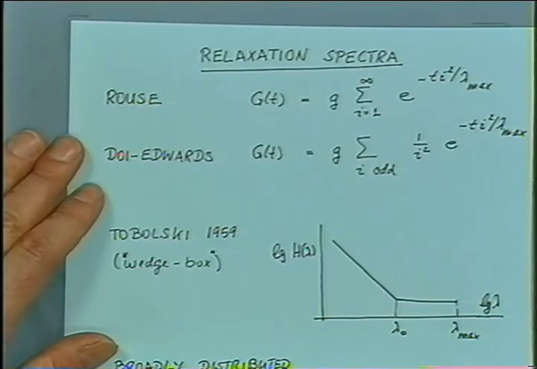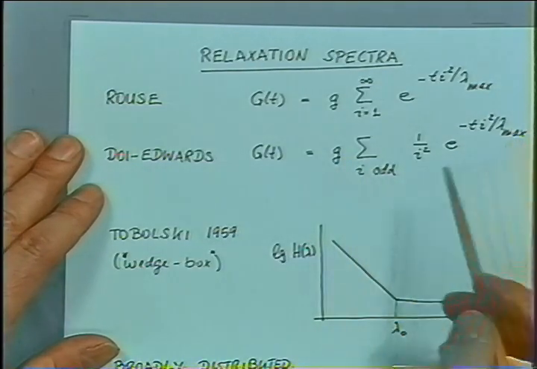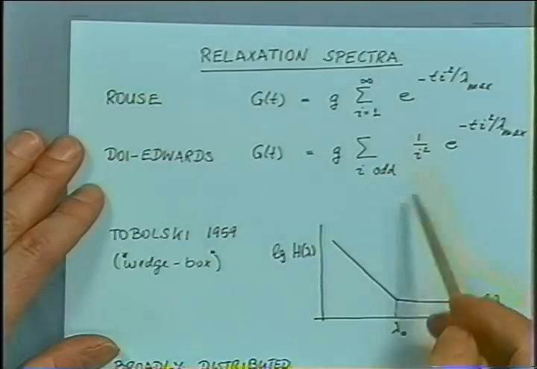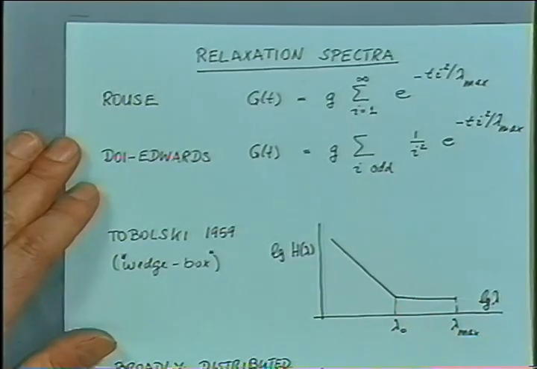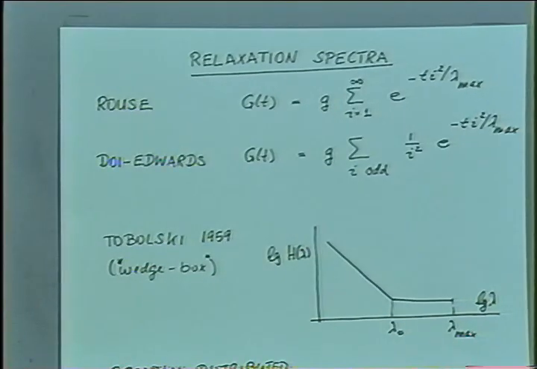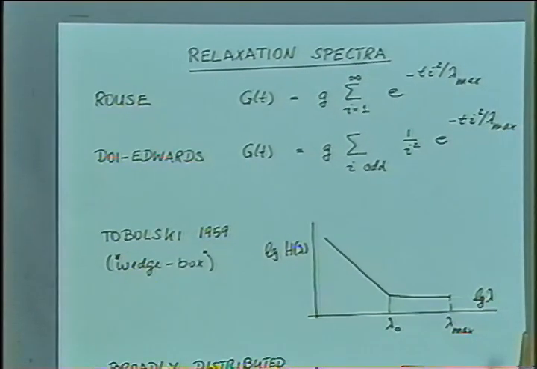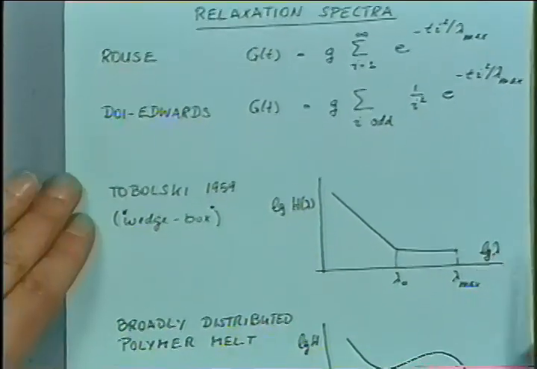Now, the Doi-Edwards theory, again, for molecular parameters has a front factor and the longest time, and the weight here, the front factor, is scaled with this parameter i, and i is going 1, 3, 5, and all through odd numbering. So theory would give us a discrete spectrum, which is quite interesting.